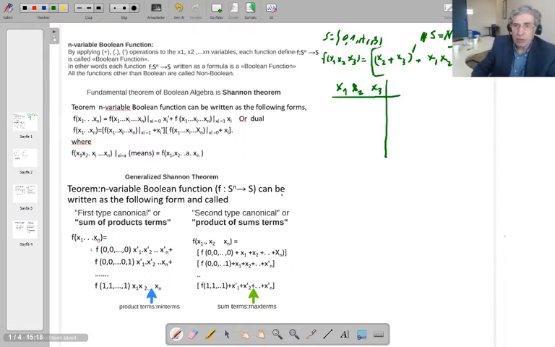So if you define a Boolean function from S to the power 3 to S, it's going to be a table like that. That's the function, so zeros and go like that, all ones, and you're going to get function values for this.